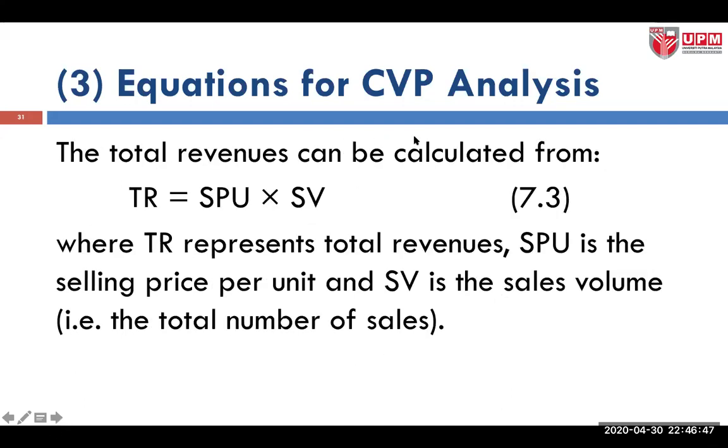The total revenue can be calculated from the selling price per unit, SPU, times the sales volume, SV. In this particular case, it's $8 per unit, and sales volume depends on how many units you want to produce.